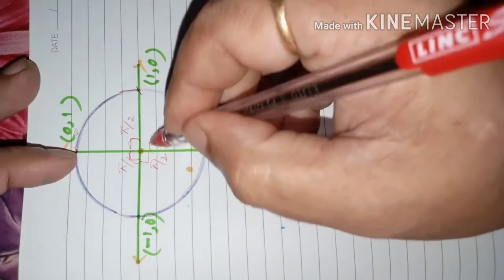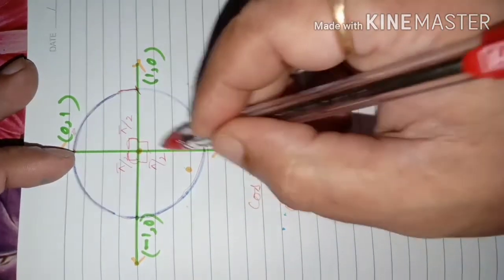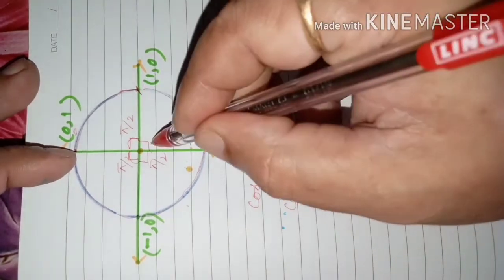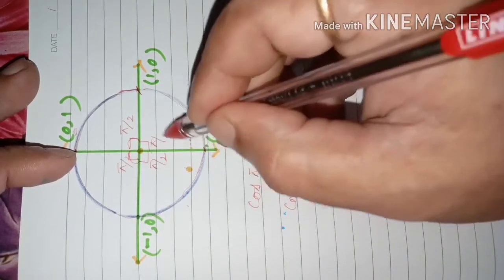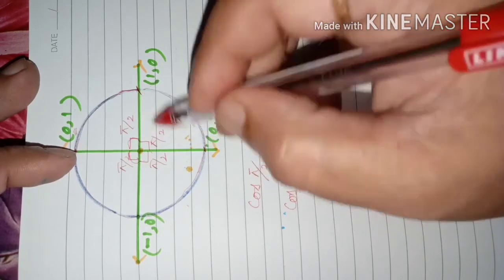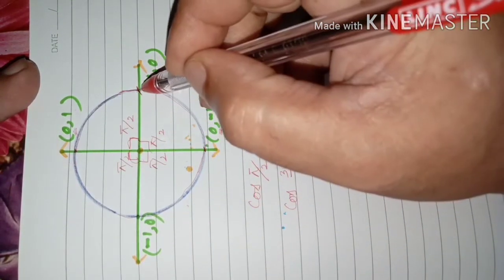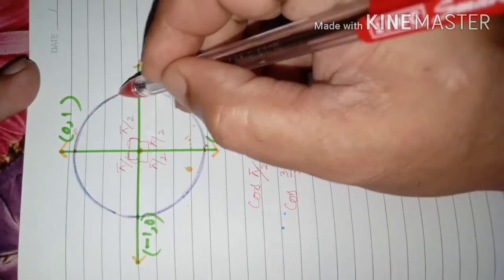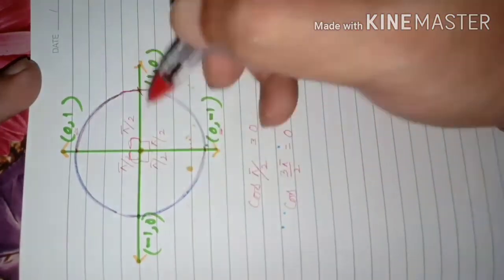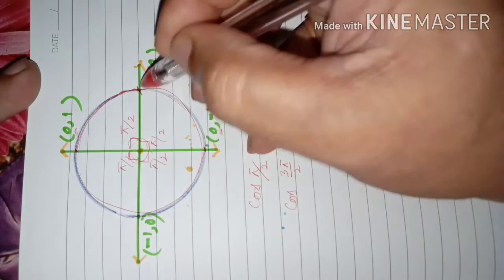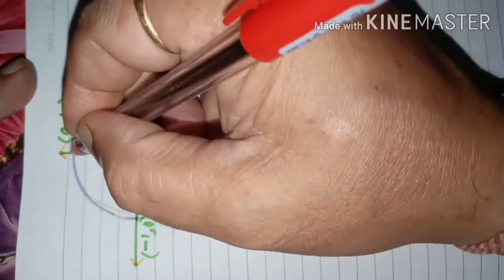When one more pi/2 is covered, this whole circle subtends one more pi/2, that means 4 pi/2, which is twice pi. After that, suppose this arc is extended up to this level, then this circle plus this circle subtends twice pi angle. Again it is extended up to this level, suppose.